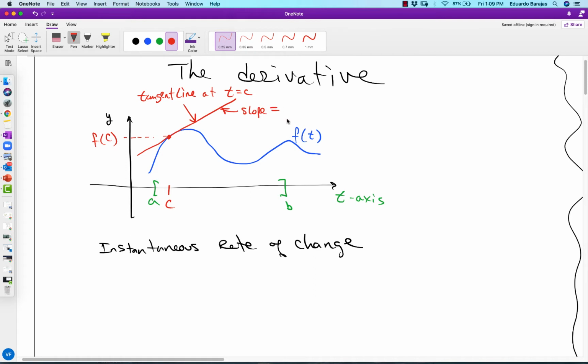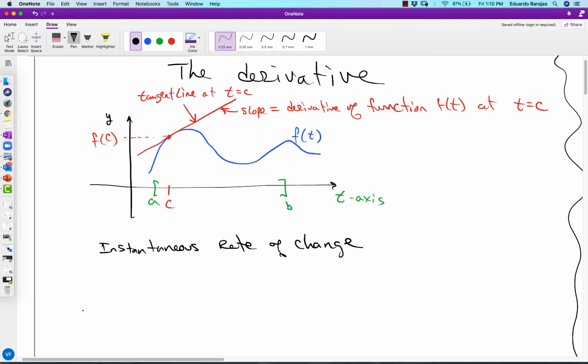Well, that's what this derivative thing was about. The slope is equal to the derivative of the function f of t at t equals c. That gives me the slope of the line tangent at that point, and that would be a way of answering this question: what's the instantaneous rate of change?